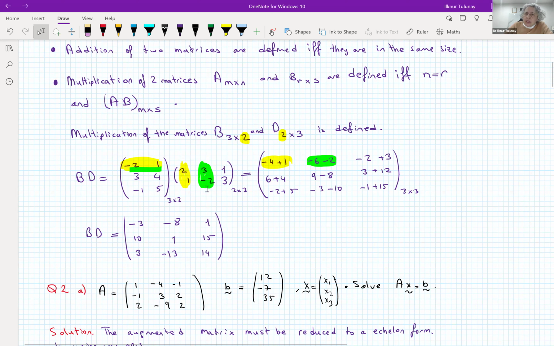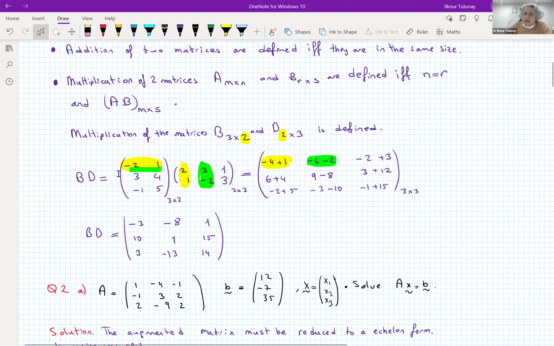And this row with this column, minus 3 times 2 is minus 6. 1 times minus 2, that's minus 2. So this row with this column is this element, because this is the first row, second column. And this row with this column, we will have minus 2 plus 3, which will come to this spot.